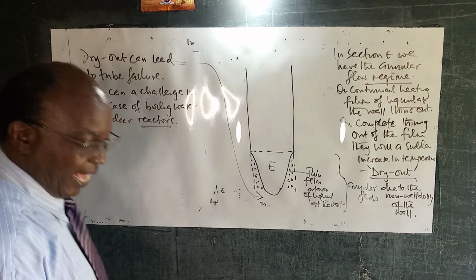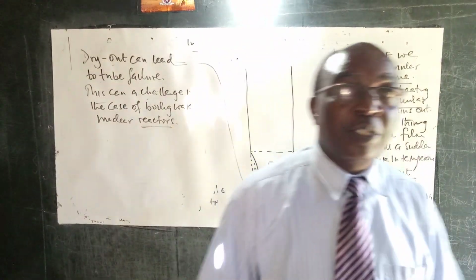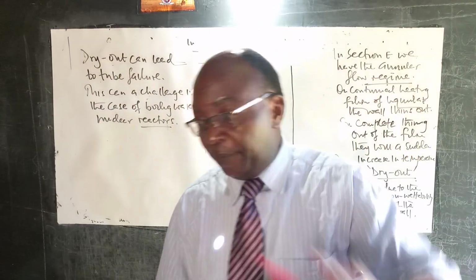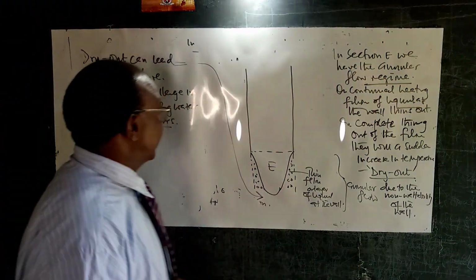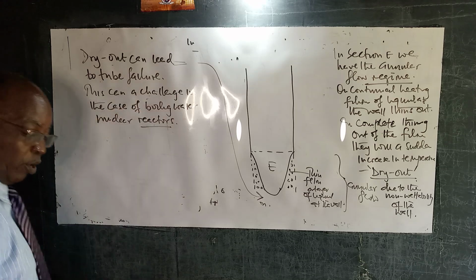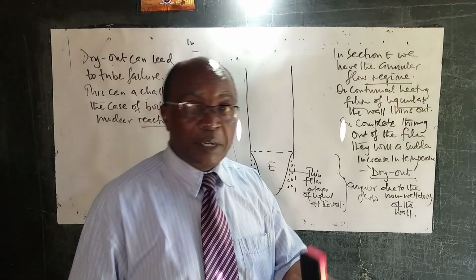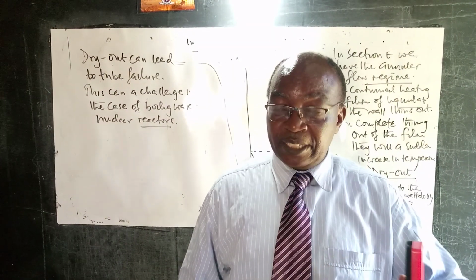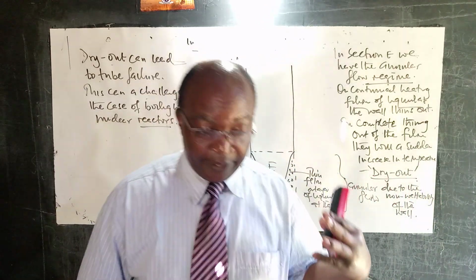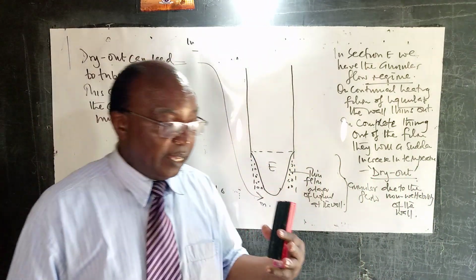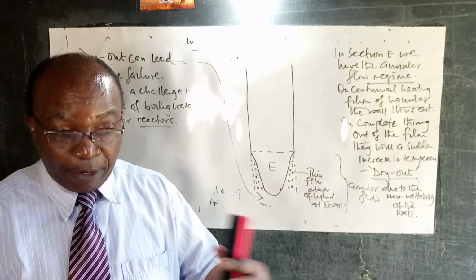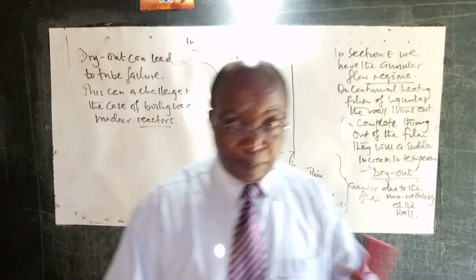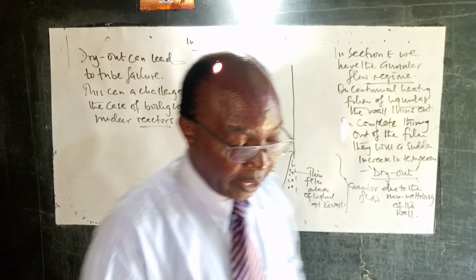And not only that, it's not only the dry out which can lead to tube failure, which is a serious threat for a system such as a boiling water nuclear reactor. You must also remember that in this particular type of system, the volumetric ratio of the liquid and vapor is critical, because that will determine the absorption of neutrons in that system.